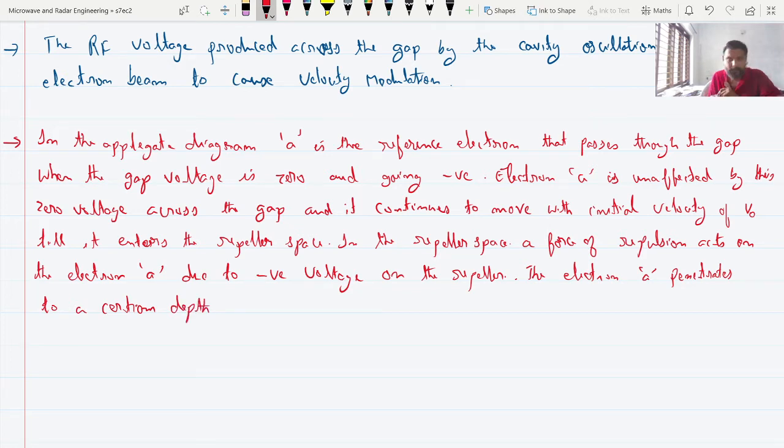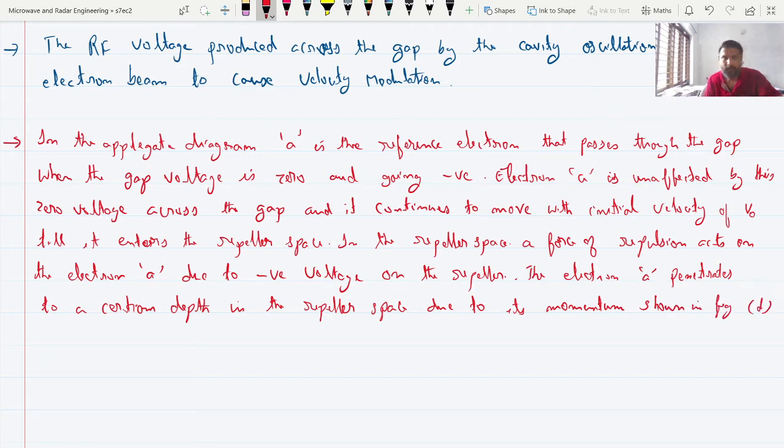Penetrate to a certain depth in the reflex phase, due to its momentum. So that is shown in figure D. Figure D, I indicate that.